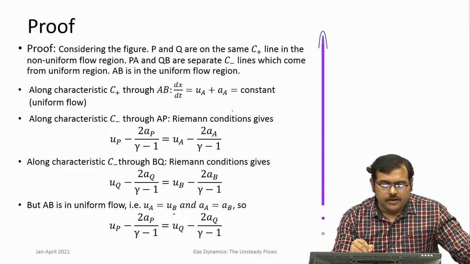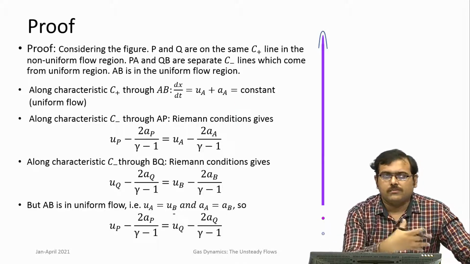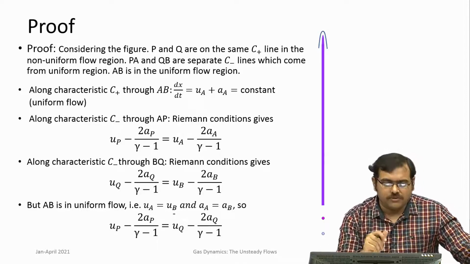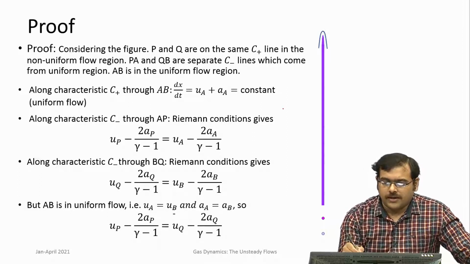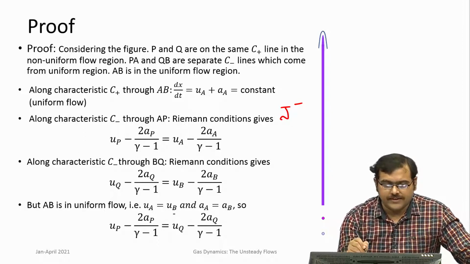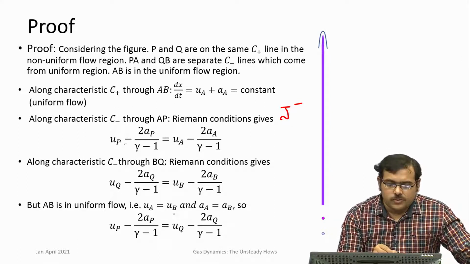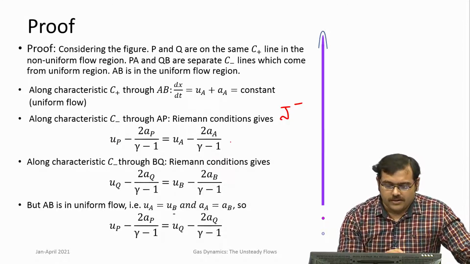But C minus characteristics are the ones which are moving from the uniform region to the non-uniform region. So along C minus characteristics, the J minus, that is the Riemann constants, are invariant. So you can write up minus 2ap by gamma minus 1 equal to ua minus 2a by gamma minus 1.